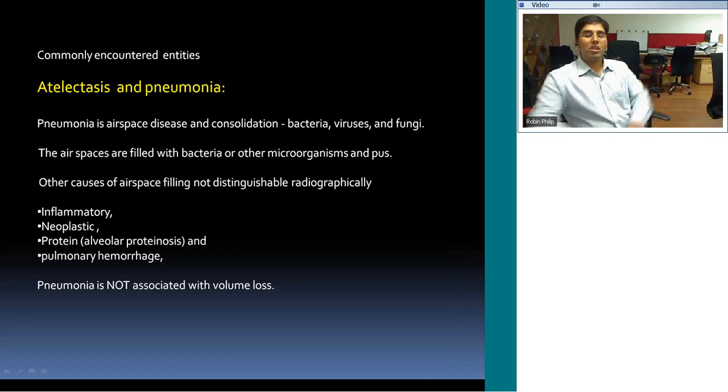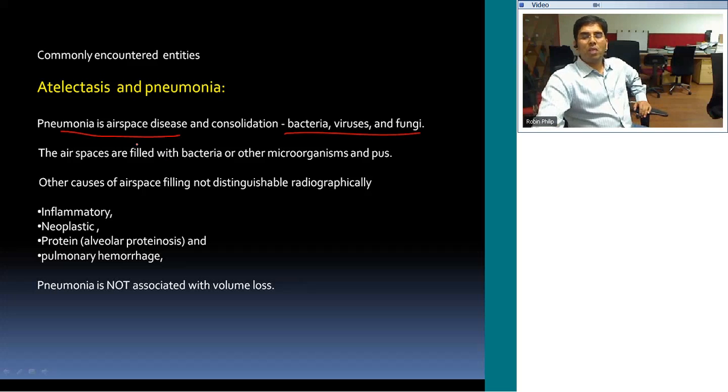So again, as you know, pneumonia is an airspace disease because of bacterial, viral or fungal infections. The airspaces, what I talked about, the acinus and all, that is the airspace, alveoli, acinus. When they are filled with fluid, you see an opacity. Those are called airspace opacities. In case of pneumonia, these are filled with pus or a thick fluid.